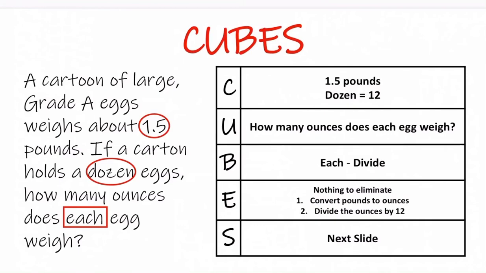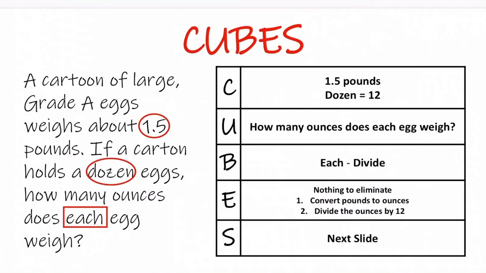So we're going from a dozen to one, we're going to be dividing. That's hard in general to figure out, but you have to kind of imagine it in your head. At least that's what helps me. Okay, there's nothing really to eliminate here.